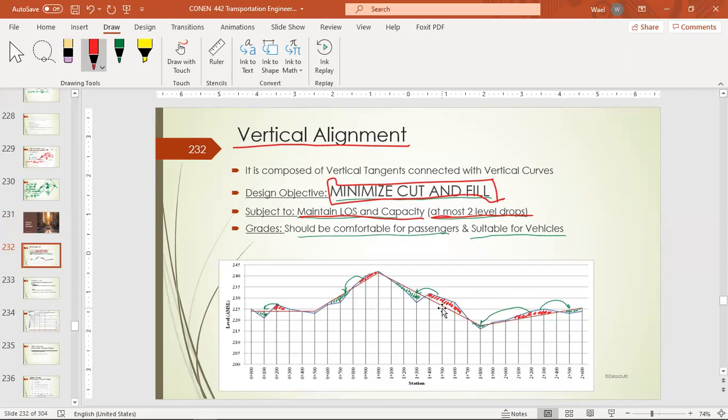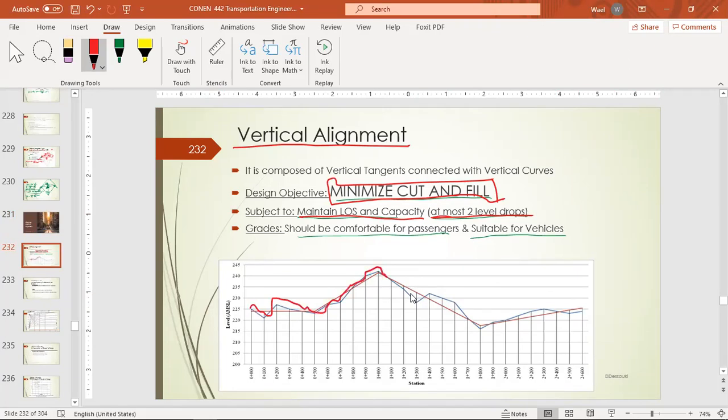If we look at the natural shape of the ground, you will see an irregular shape like this one, for example. So this is the natural ground level.